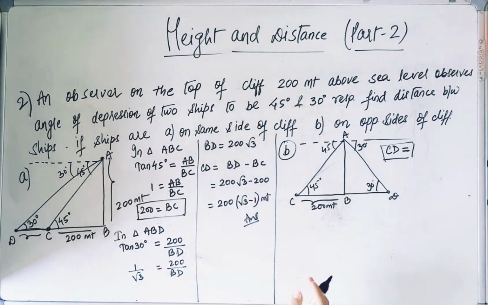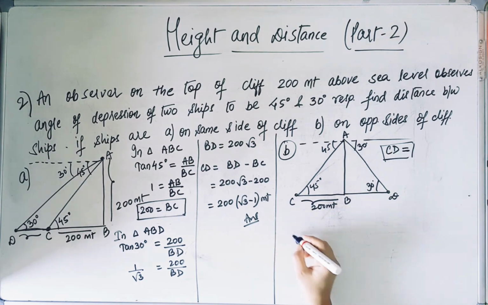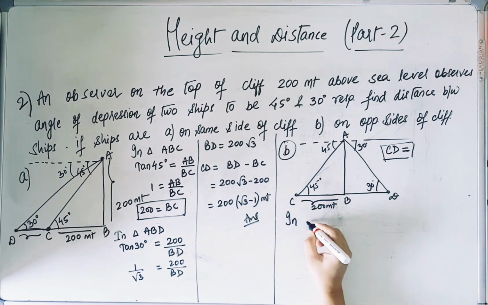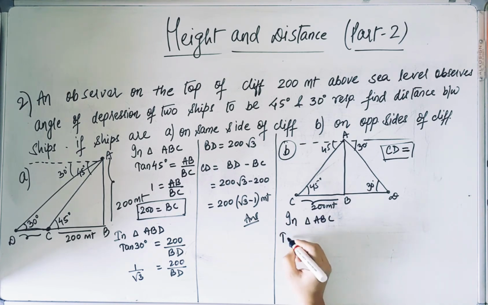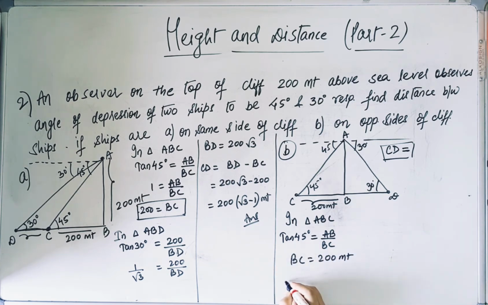Now, if the question says that both the ships are on opposite sides, in the same manner we'll calculate. In triangle ABC, tan 45 is AB by BC. So here, as we have solved earlier, BC is 200 meter and BD will be 200 root 3 meter, because the values are the same.